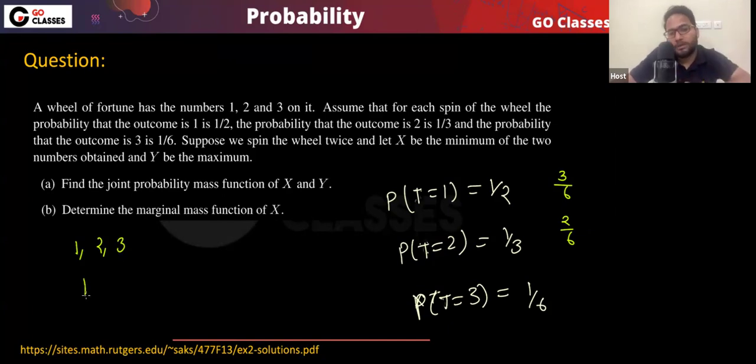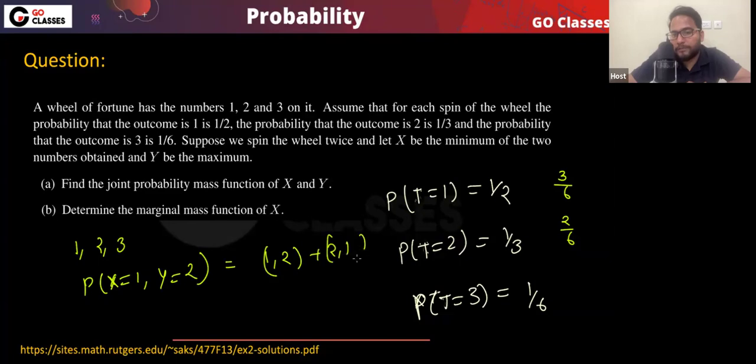So what is the probability that x is 1 and y is 2? X is the minimum, right? So when can you get 1 and 2? Whenever you get either 1, 2 or 2, 1, isn't it? Either in the first spin you get 1 and then 2, or you get 2 and then 1.